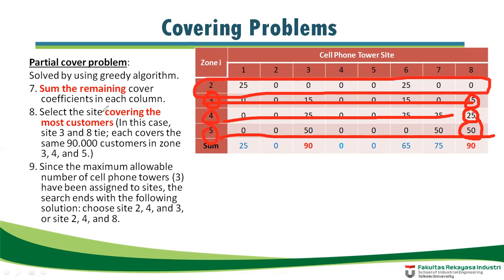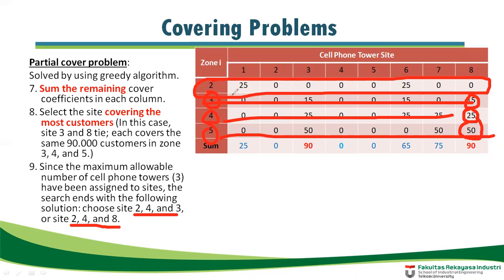So the last step is finding the last tower that could serve all zones. So we have some alternatives, like choosing site number 2, 4, and 3, or choosing tower sites number 2, 4, and 8.